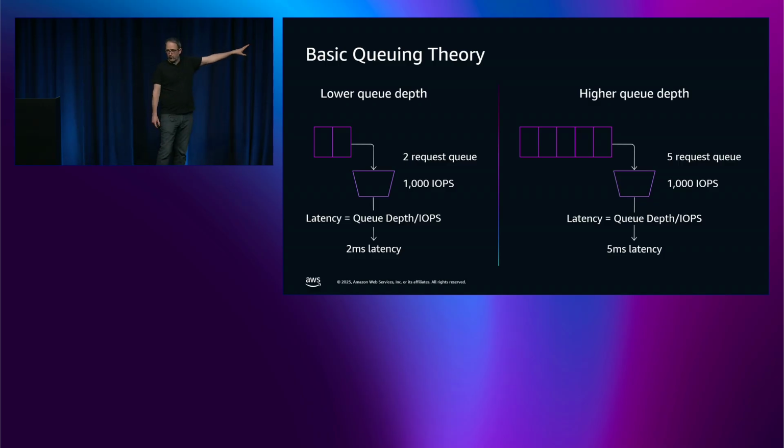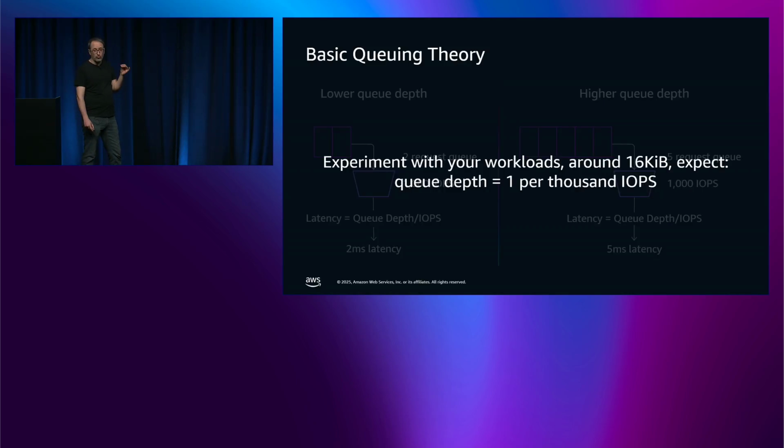The actual performance of the queue depth versus the IOPS and the latency is gonna depend on your workload and your block size. As a general rule, you should expect when you're in the 16K range for block size, 1 QD per 1,000 IOPS. And if you reverse the math on that, it comes to 1 millisecond latency, right?